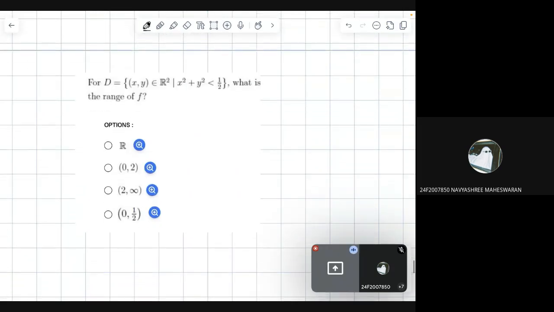Now we have a domain given to us such that x square plus y square is less than half, and for this domain we have to say what is the range of f, right? If x square plus y square is less than half and we cross multiply it, what do we get?